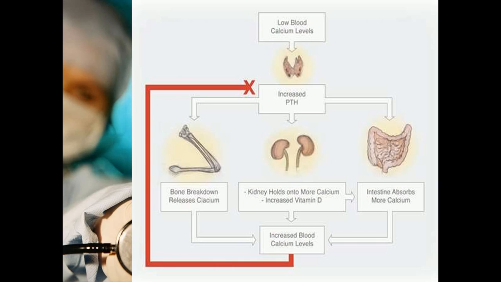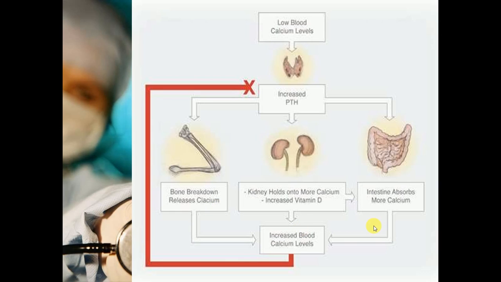Now let's see here. Whenever there is a low blood calcium level, in that condition there is an increase in parathyroid hormone release. So when the parathyroid hormone release becomes enhanced, ultimately the blood calcium level increases, as a result of bone breakdown, which releases the calcium.